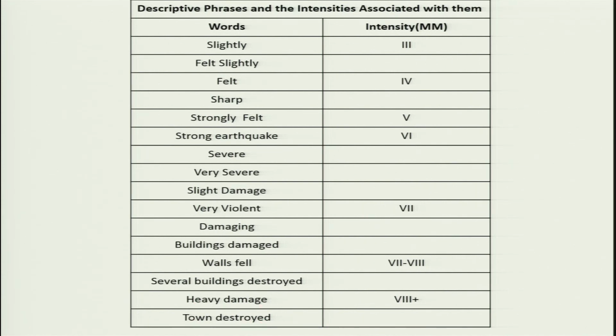If you correlate this data with the intensity, then for very slight the intensity was around 3, but if you have heavy damage, then the intensity goes above 8. So this also helps us in back calculating the magnitude.